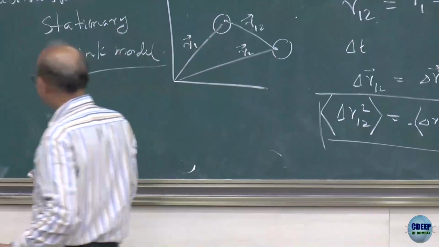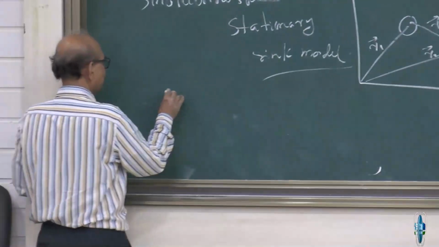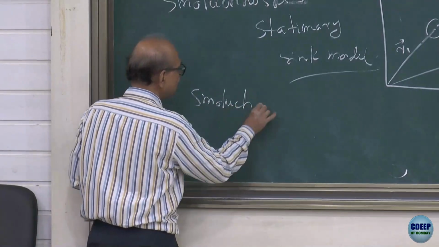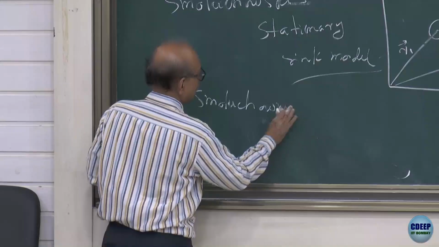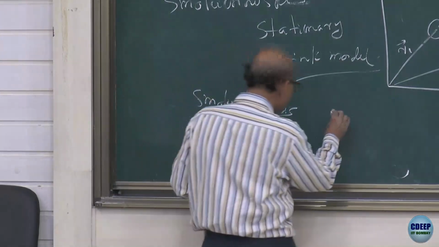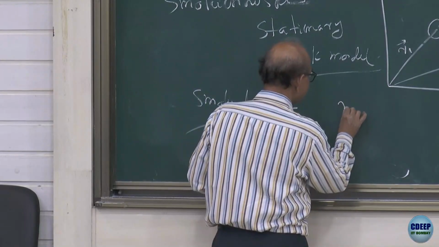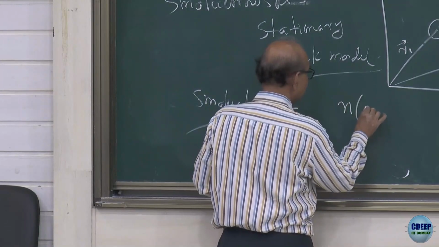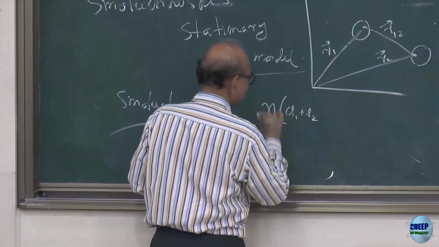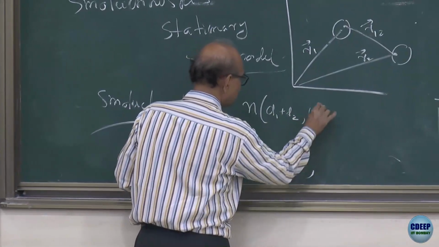Smoluchowski is the one who made the key assumption. It is called the Smoluchowski boundary condition, that we can forget all the intermolecular forces and solve the equations with just the boundary condition that the density n at the surface of contact, say in this case D1 plus D2, let us say, at all times is 0.